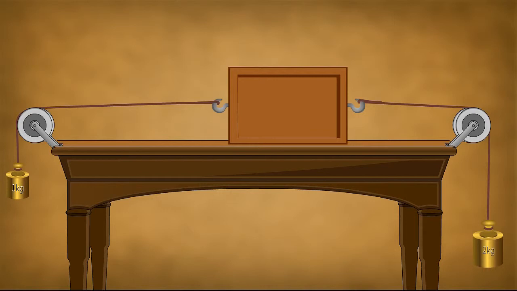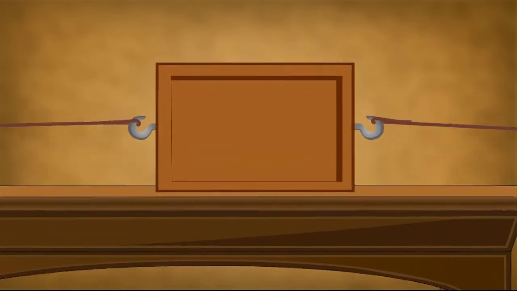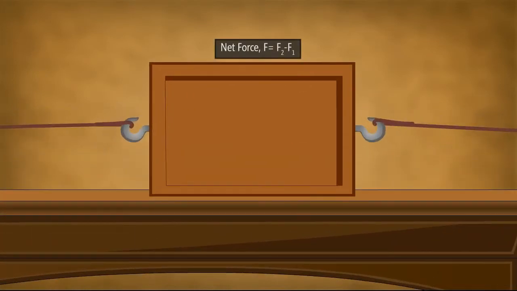We will observe that the wooden block moves towards the direction of the heavy weight. The net force acting on the object is equal to the difference between these two unequal forces. Therefore, the net force acting on the block F is equal to F2 minus F1.